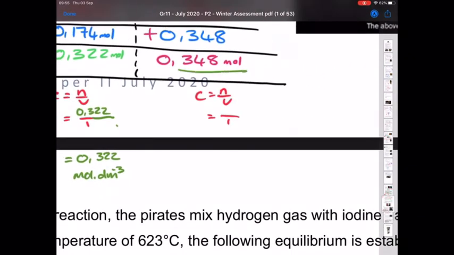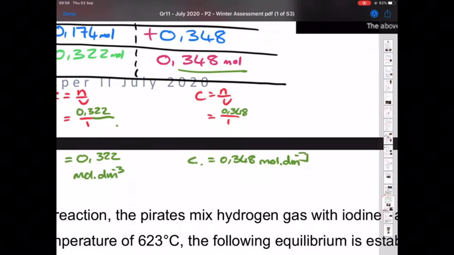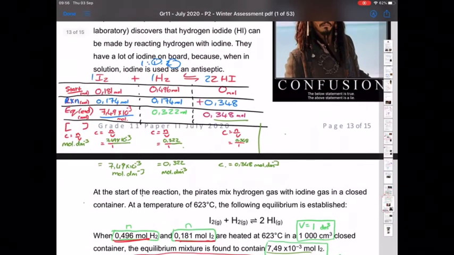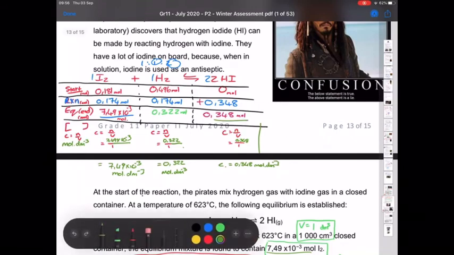And here your number of moles was 0.348. 0.348 divided by 1 is 0.348, units moles per decimeter cubed. And you got a mark for each row. Okay, so that was question 6.1.